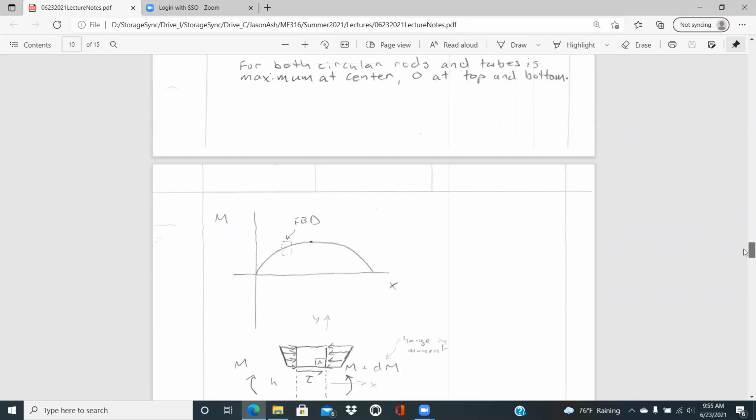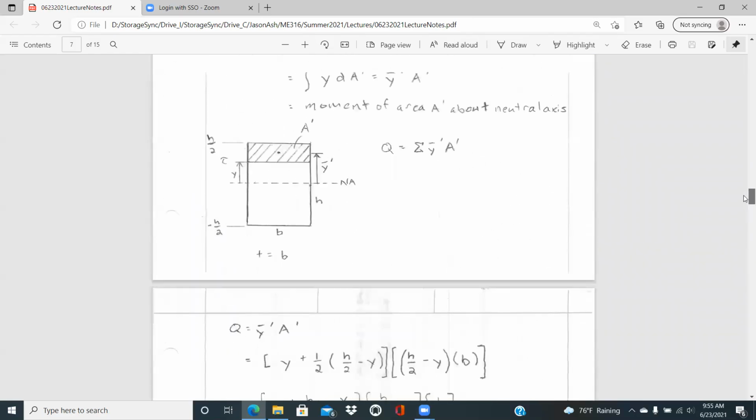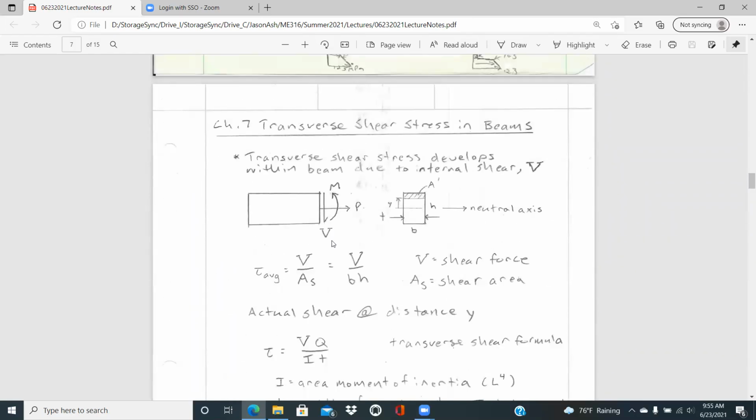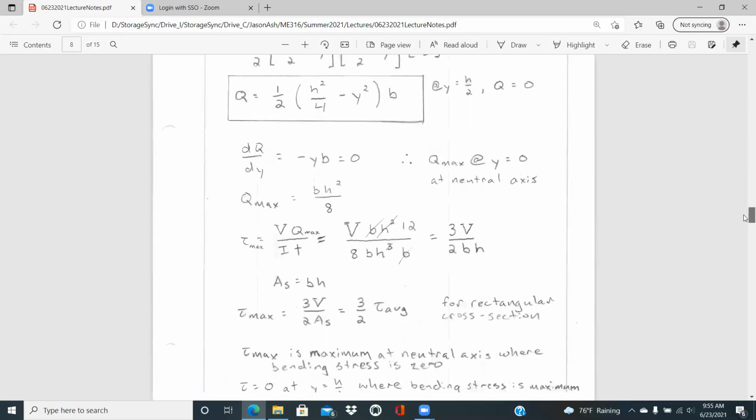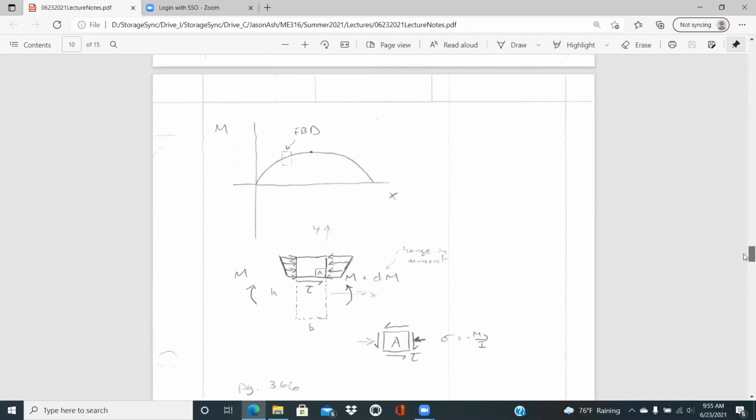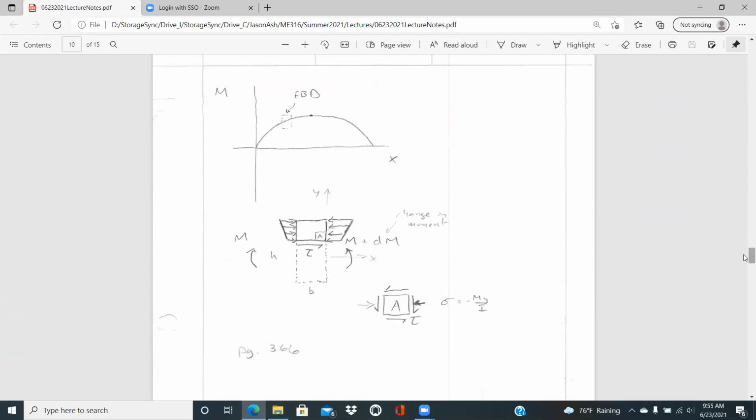That's one explanation for the shear stress that develops. We have a shear force, so we get a shear stress. And then the other explanation kind of looks at if you were to look at a free body diagram of a beam as it's bending, we can look at a section of that, and the full beam is base times height.